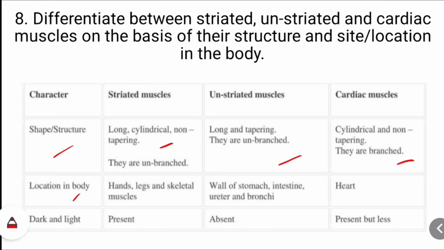Location in body: hands, legs and skeletal muscle; wall of stomach, intestine, uterus and bronchi; and heart. Dark and light bands: present, absent, present but less.